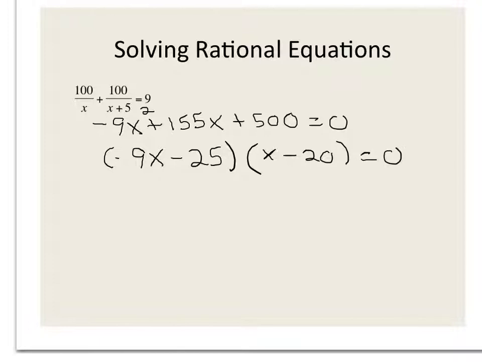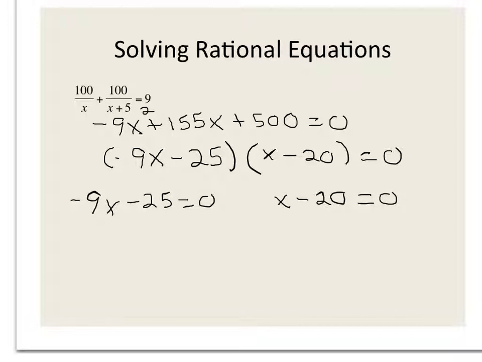So now remember, when we have an expression like this with two numbers multiplied by each other that equals 0, if either of the factors equals 0, then the whole thing equals 0. So we have two problems. Negative 9x minus 25 equals 0, and x minus 20 equals 0.